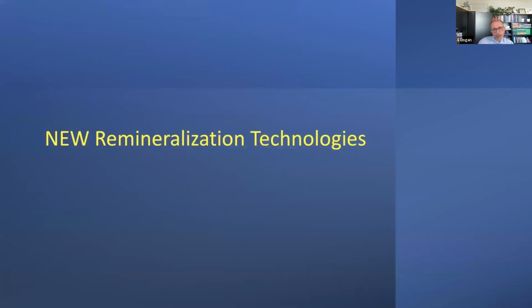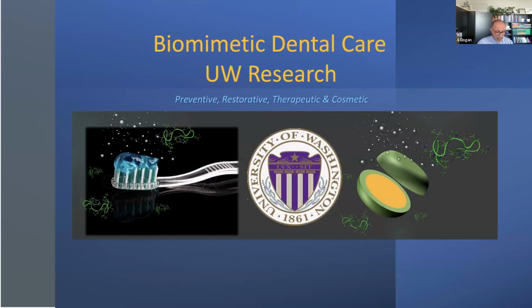Now, a new remineralization technology is biomimetic technology, a peptide technology I'm going to talk about as the last part of my presentation, our biomimetic dental care at the University of Washington with my team from the engineering department and School of Dentistry.